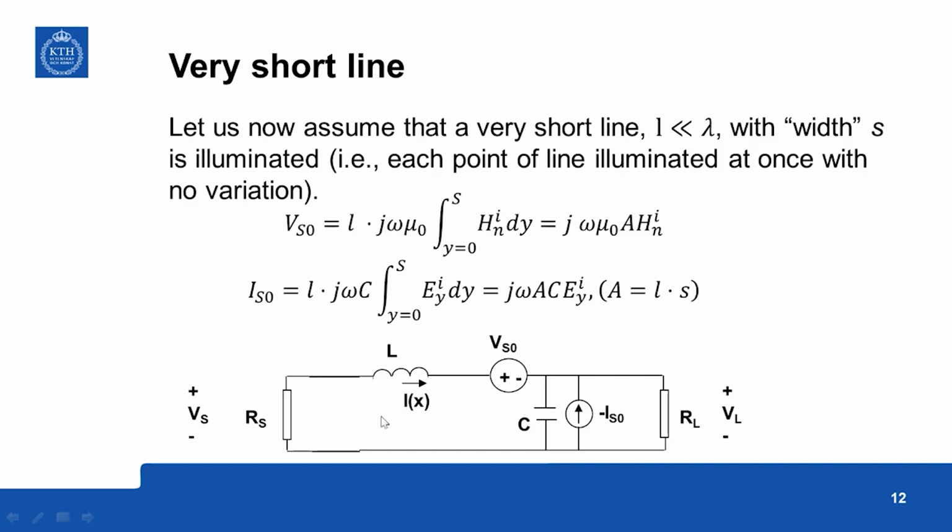So we can neglect all the variation of the field along this small transmission line. The whole width s is eliminated and there is no variation. So you can replace this integral by area A, which is given by the length of the line L times the width of the line s.